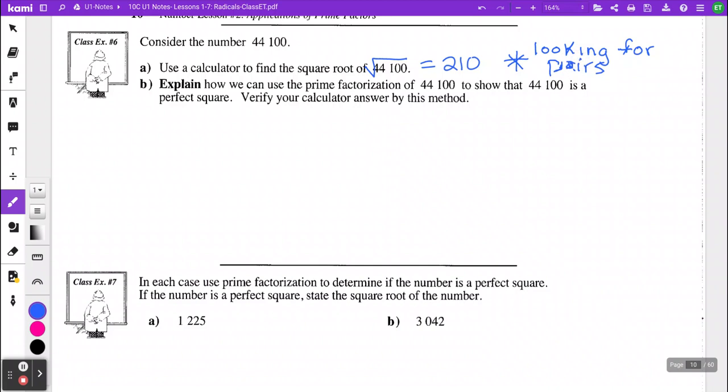So the first thing I know, it ends in 2 zeros. If I know something ends in 2 zeros, it's going to divide by 100. So that means if I do a tree diagram, I'm going to have the number 100 here, and that would be 441. And now if I square root 100, I know 100 breaks down into 10 times 10.